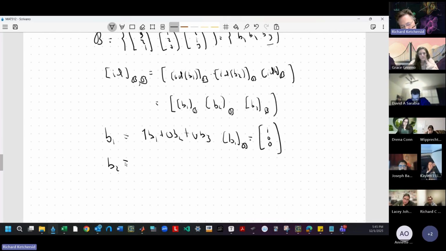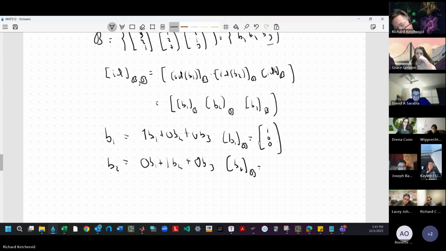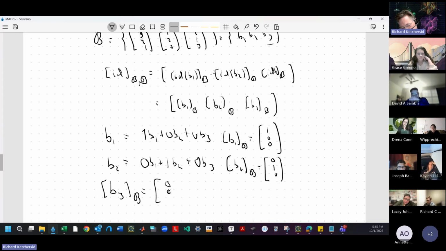Same thing, B2 is zero B1s, one B2, zero B3s. So the matrix of B2 with respect to the basis B is just a column vector, and column vectors are still matrices. So it's 0, 1, 0. And can you guess what B3 is? The vector for B3 with respect to B is 0, 0, 1.